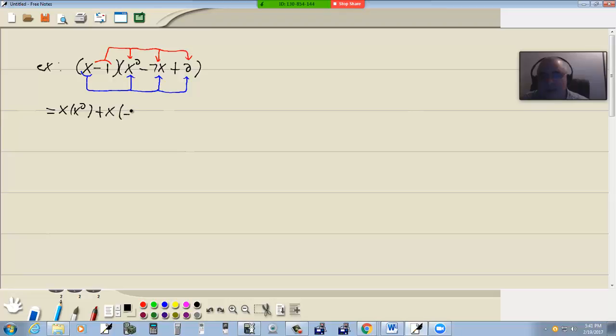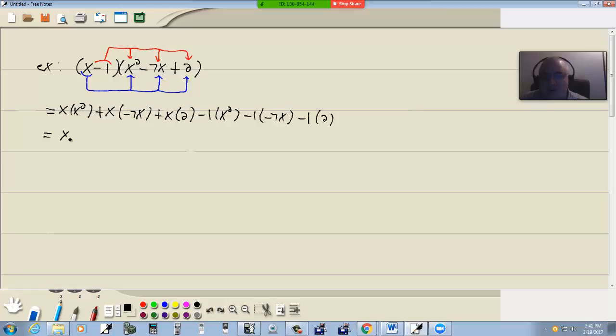I'll take x times negative 7x. And I'll take x times 2. And then I'll take negative 1 times x squared. Negative 1 times negative 7x. And negative 1 times 2. Now some people try to FOIL this. You can only FOIL it when you have two terms and two terms.